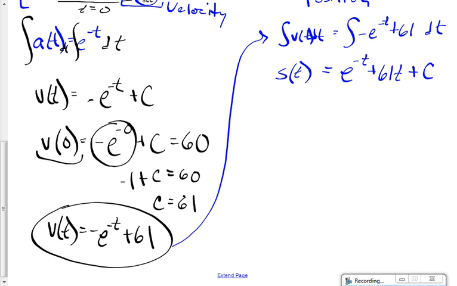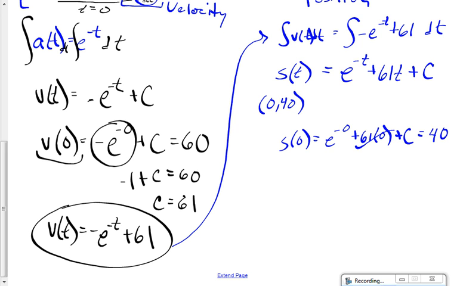Okay. How do I find this c value? Plug what back in? We were given the 0. It was 0, comma 40, right? Does that look right? I can slide back up and show it to you. s of 0 is equal to e to the 0 plus 61 times 0 plus c, and I was told that that was 40.